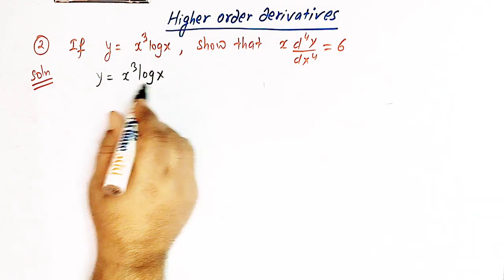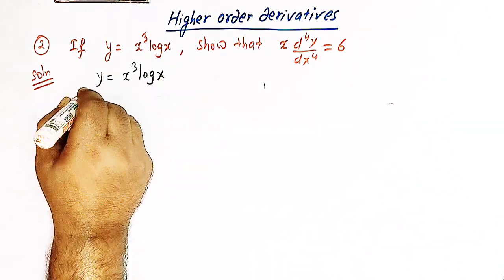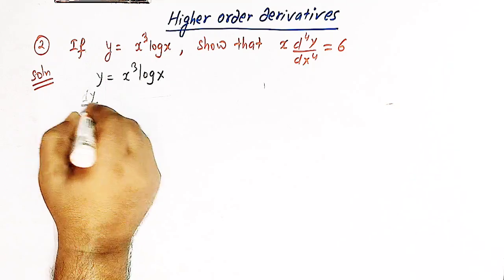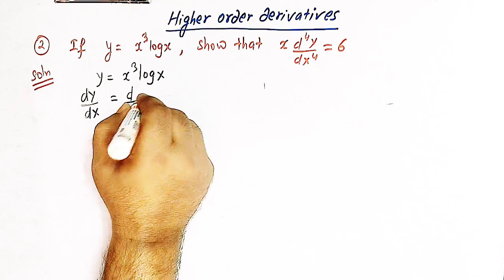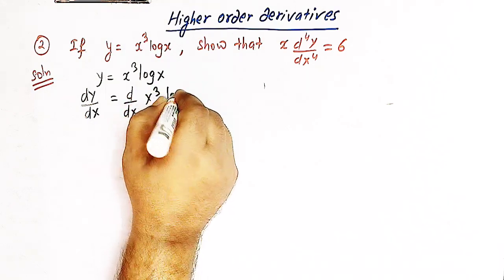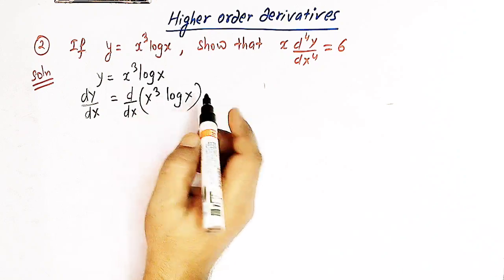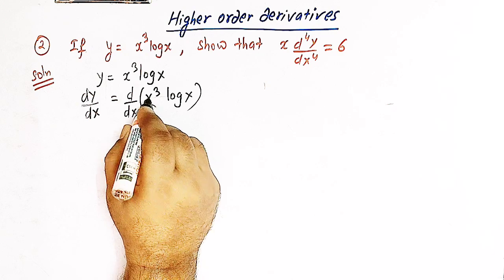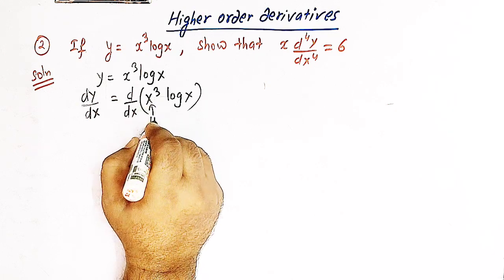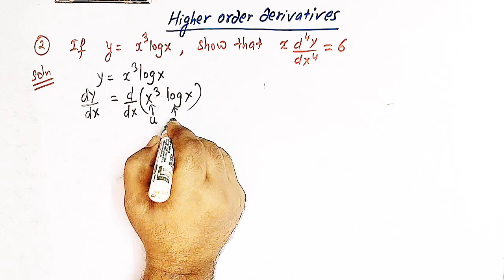So now differentiating both sides with respect to x, we have dy over dx is equal to d by dx of x cube log x. And here to get the derivative of x cube log x, we'll make use of the product rule by taking x cube as the function u, and log of x as the function v.